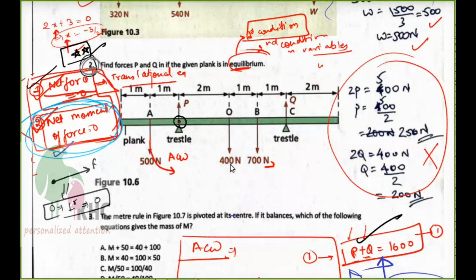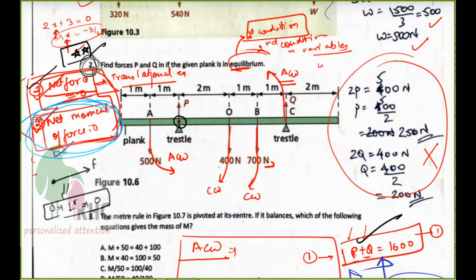Clockwise. Correct. Then what about 700? That is also clockwise. Correct. And what about Q? Q is anti-clockwise.